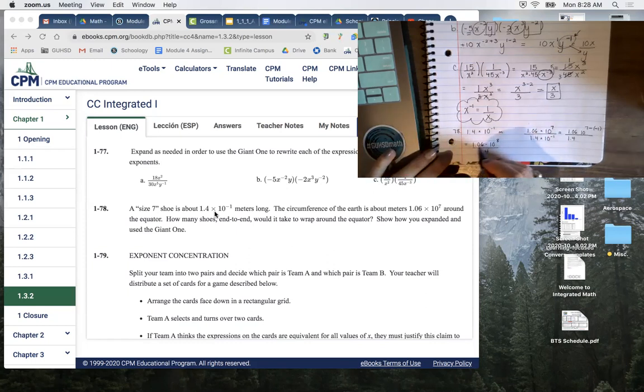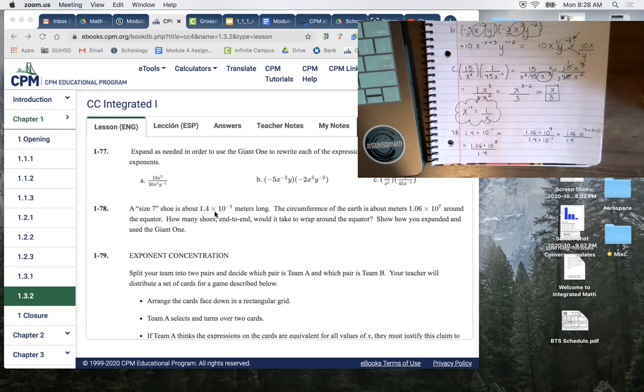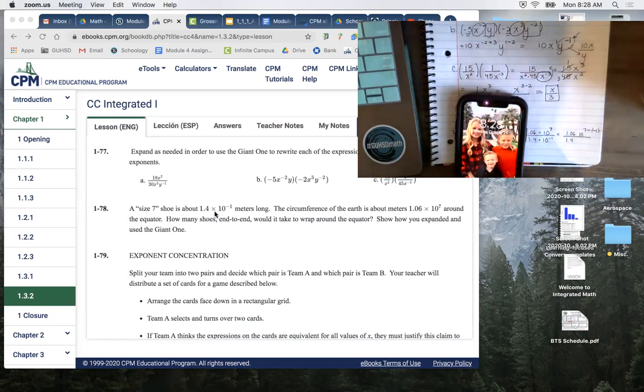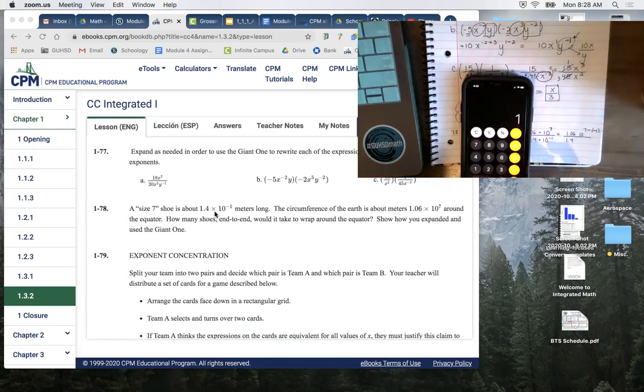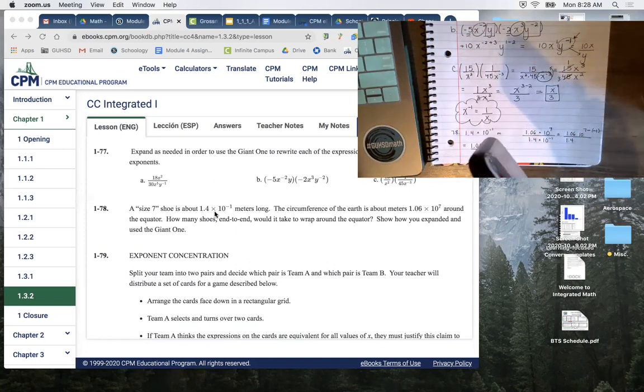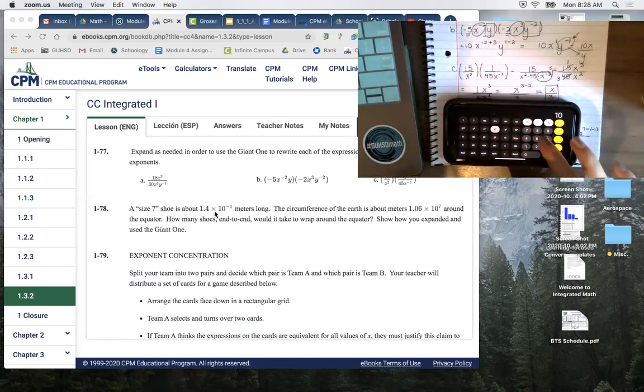What this is, 10 to the 8th power, it's really going to move this decimal place that's right here 8 places. So there's going to be a lot of zeros here. But really, I just wanted to show you this. Let's go ahead and get the answer just so you guys can see it. So I have 1.06 times 10 raised to the 8th power.